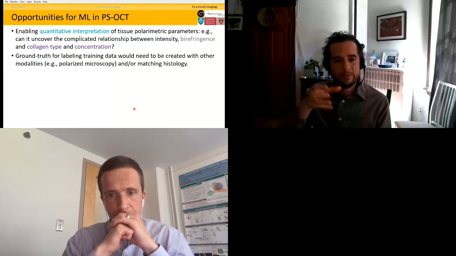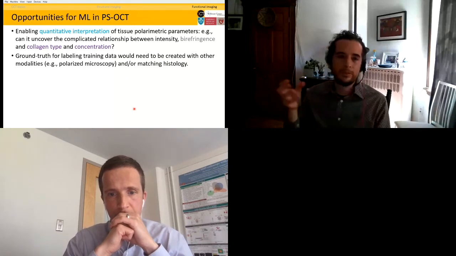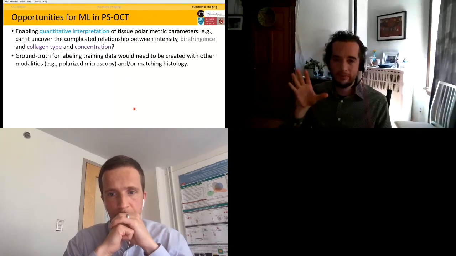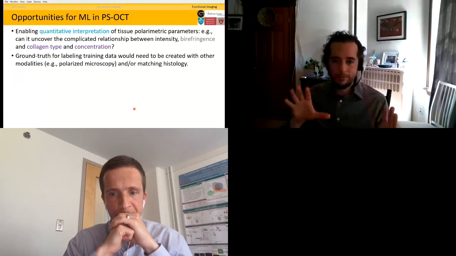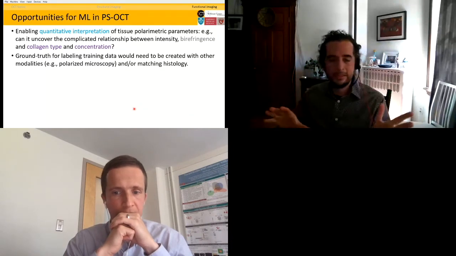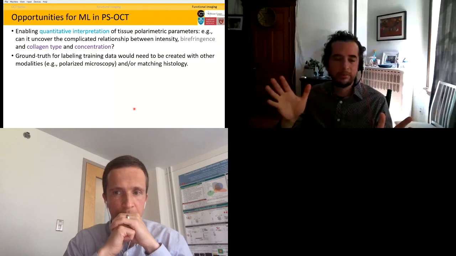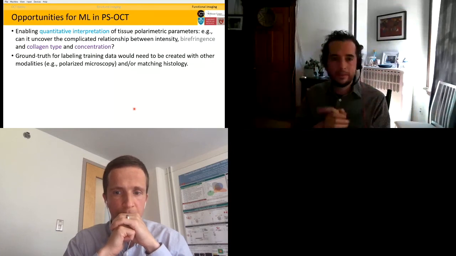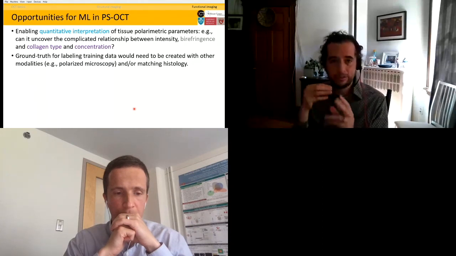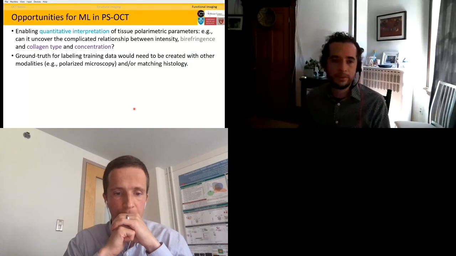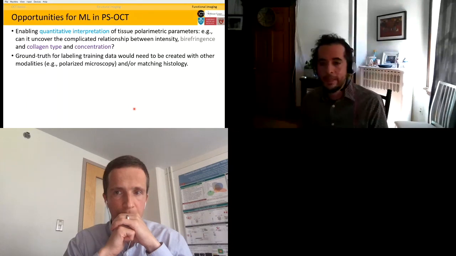These are metrics that we can actually get from histology. So it would be really interesting to see if it's possible to uncover the complicated relationship that exists between the intensity image, these parametric parameters, and the conclusions that we can draw from histology in terms of the actual organization of the fibril architecture in the tissue.